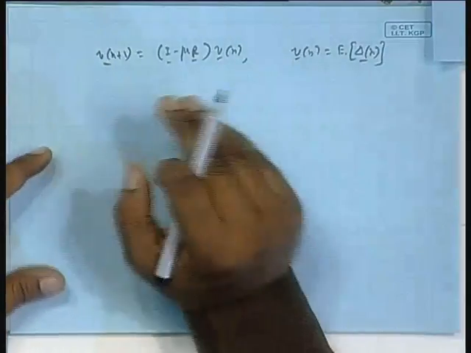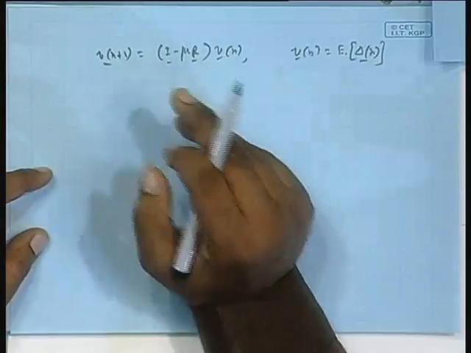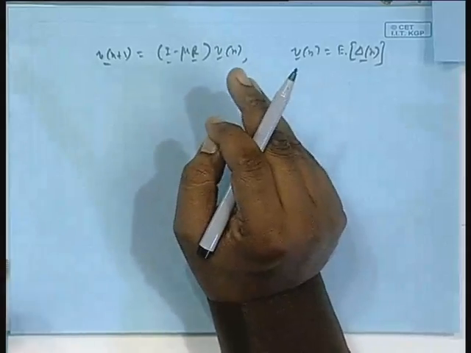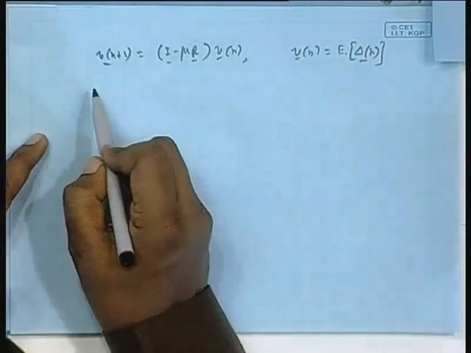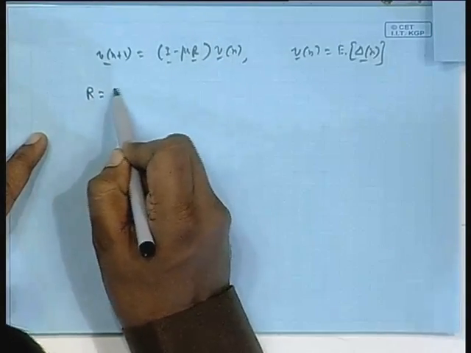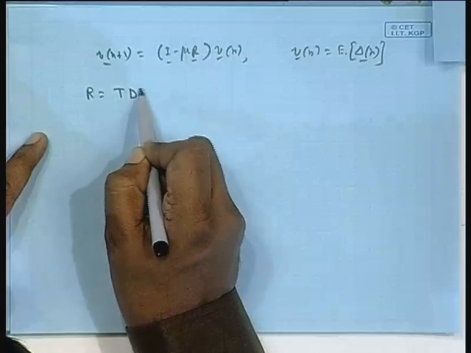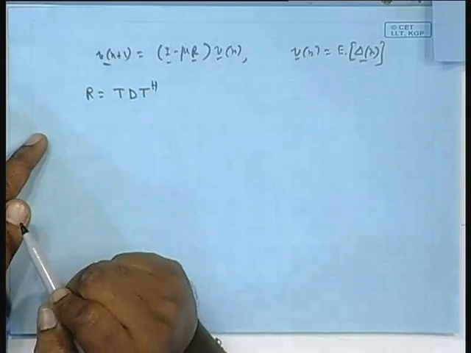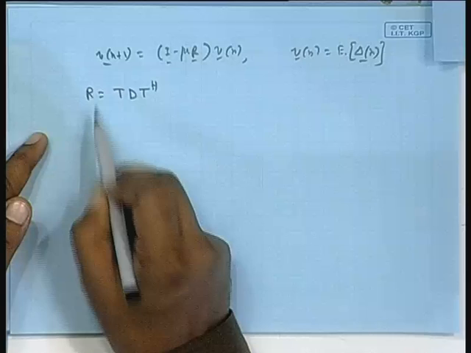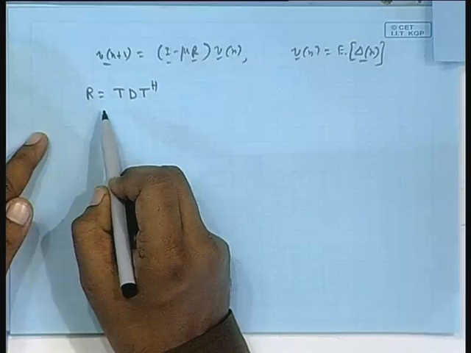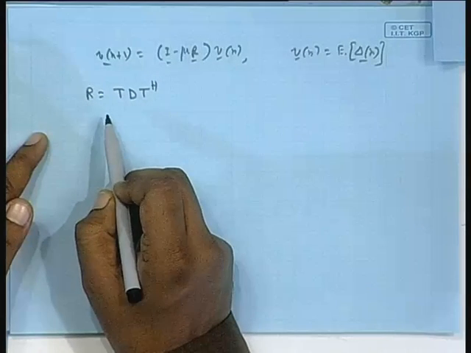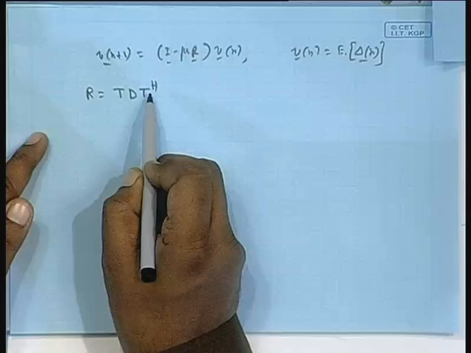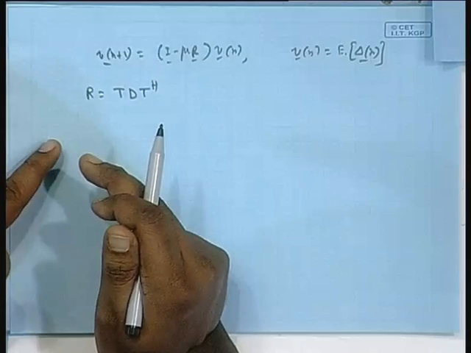You remember we discussed at length properties of Hermitian matrices and positive definite matrices. At that time I said that you can have R as some T D T Hermitian, where T consists of column vectors which are the eigenvectors of R, in general complex valued. Eigenvectors are mutually orthogonal.